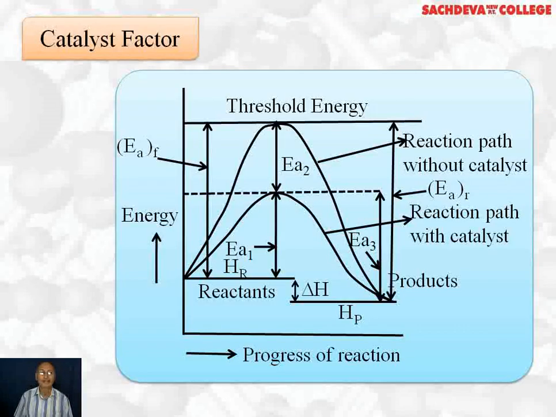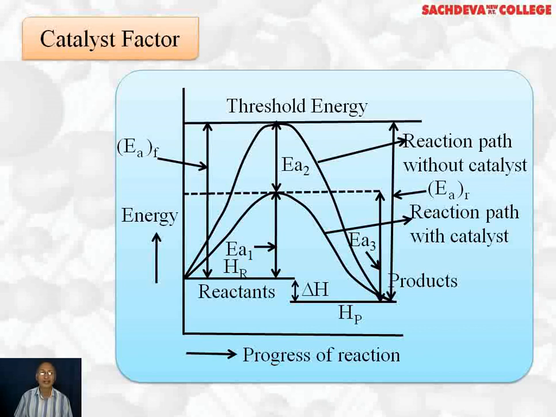Now we are going to take up how catalyst increases the rate of reaction. Catalyst increases the rate of reaction by lowering down the activation energy. The top curve represents the reaction path without catalyst, whereas the bottom curve represents reaction path with catalyst.